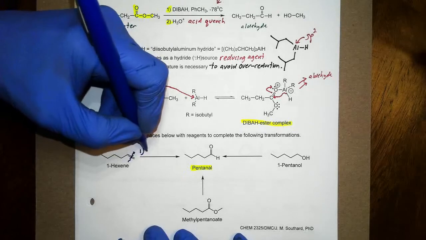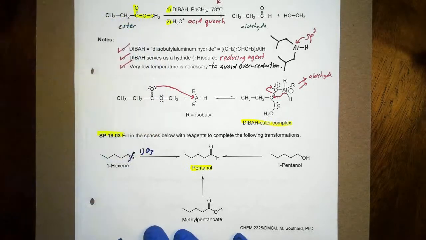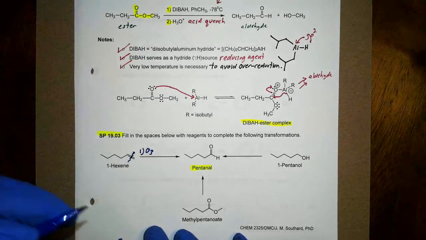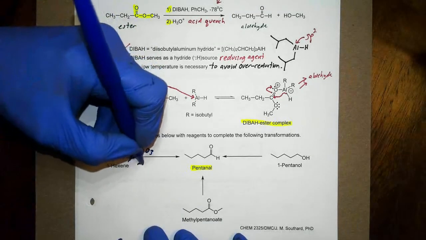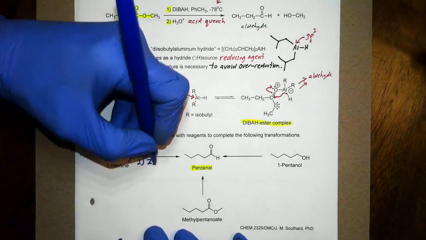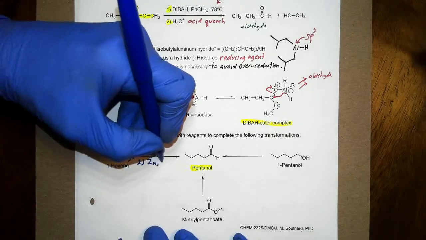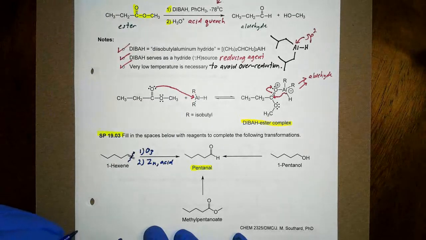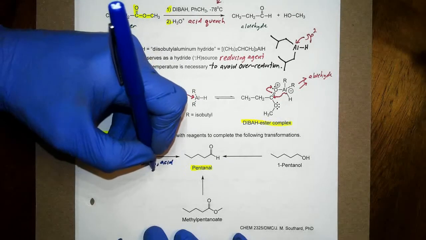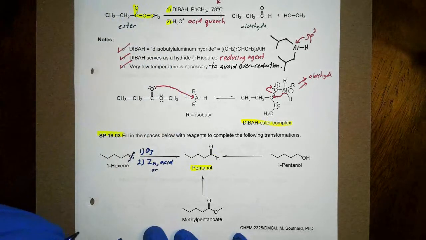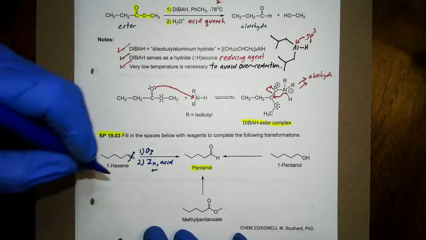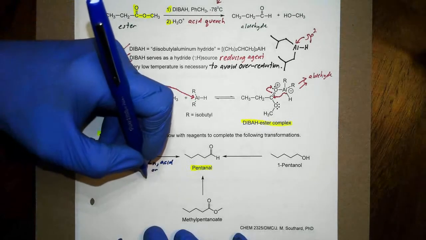One way is to use ozone, and that would be by using the ozone generator. But you have to quench it, and to quench, we'd use zinc and some acid. Now, this is what McMurry has, but really what most people do in step 2, and this is what I always did, was to use something called dimethyl sulfide.